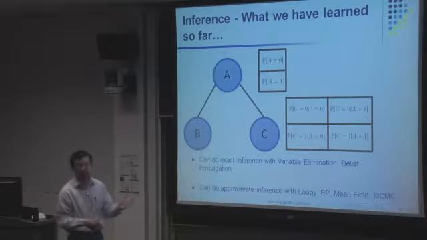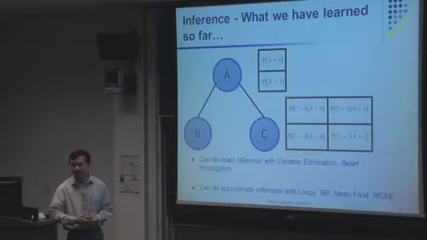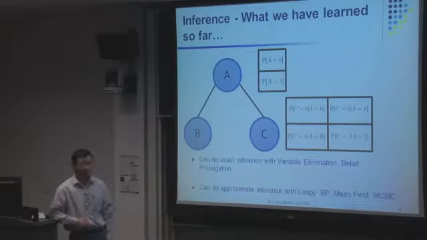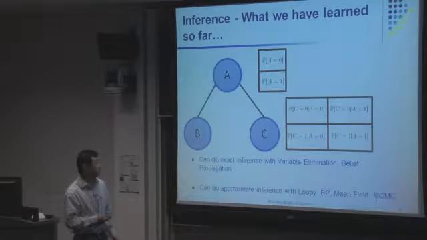And inference, of course, we also know that. Another big advantage of graphical models is that inference is made easy. You can do operations according to the graph topology and run exact inference algorithms such as variable elimination, belief propagation, or if the graph gets too big, you have loopy BP, mean field, and so on and so forth. So that's basically all you get from a GM.